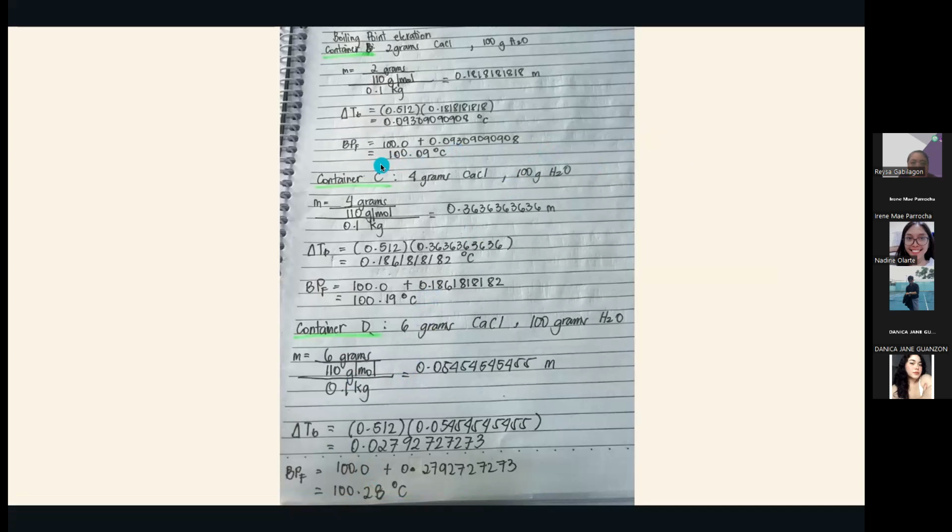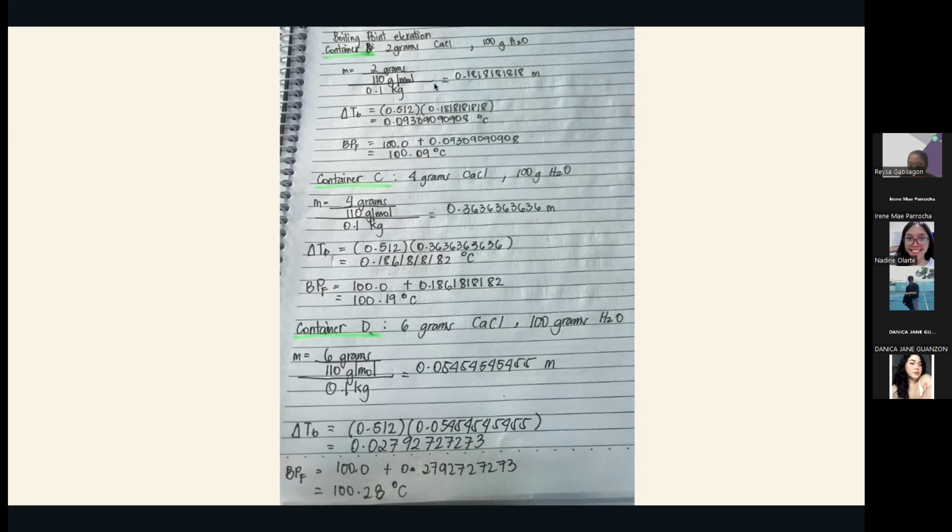In computing the boiling point elevation, we are going to use two formulas: the molality and the formula for our boiling point elevation. The first thing we are going to do is compute our molality.